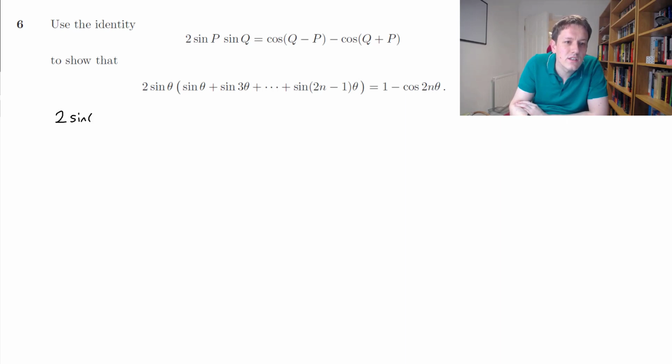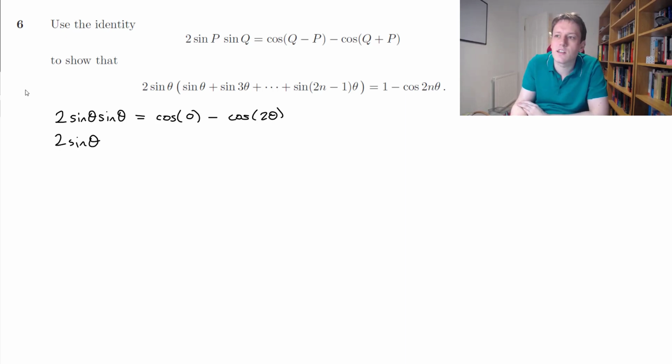So if I had 2 sin θ times sin θ, taking both p and q to be θ in this identity, I'm going to have cos(θ − θ), which is 0, minus cos(θ + θ), which is 2θ.